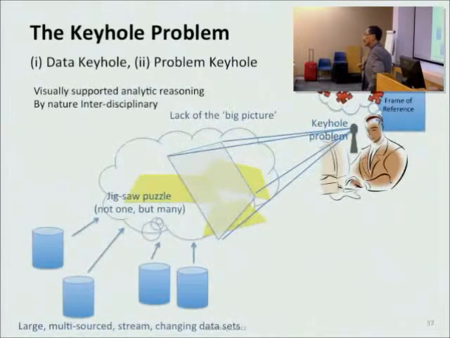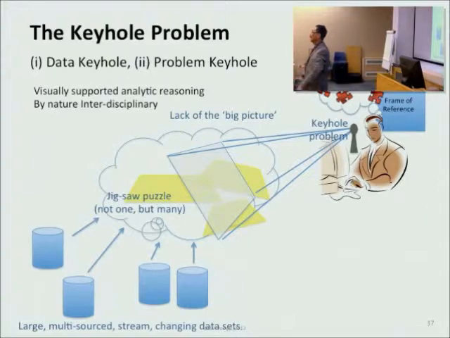Right, and it is then within the context of how you use information that we start to find visual analytics coming through. Now, very often we are presented with what we call the keyhole problem. Okay? Imagine a tabletop. I've got to finish off in 1 minute, right? Imagine a tabletop, and everybody knows jigsaw puzzles.